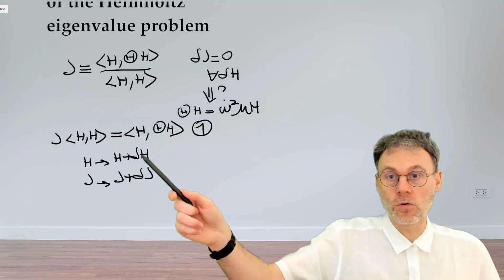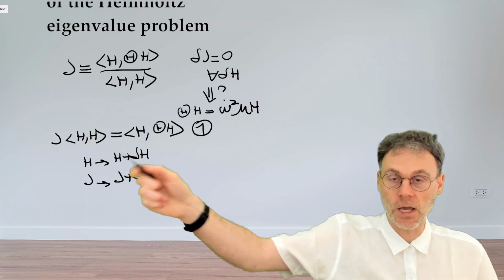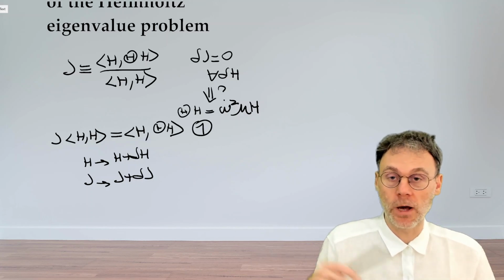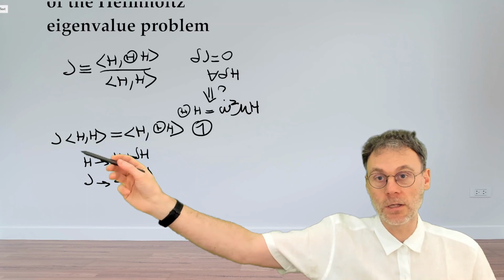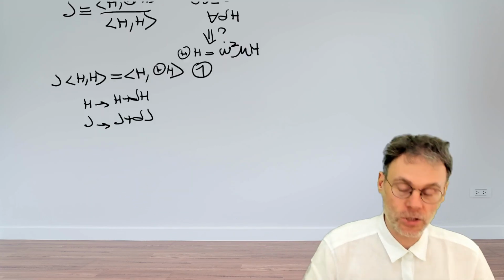Right, so let's focus on the first term, j h h, and let's replace j by j plus delta j and h by h plus delta h. Let's already do some distributivity for j plus delta j in the first factor.